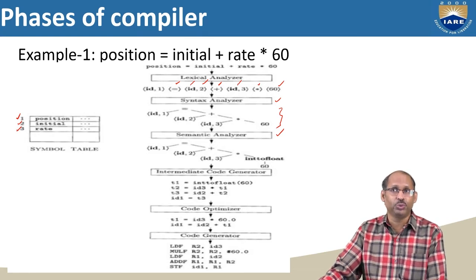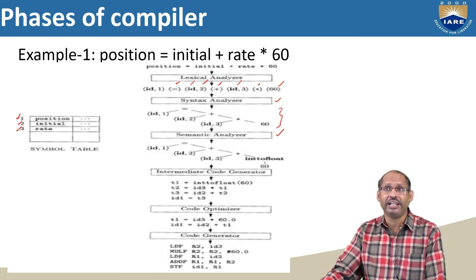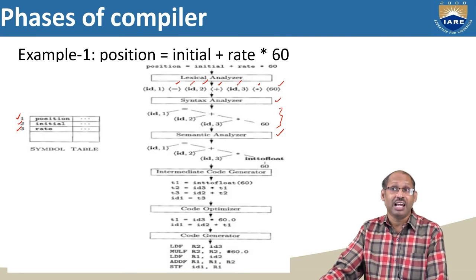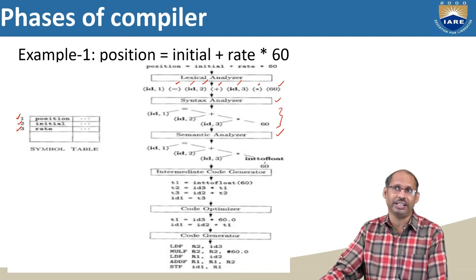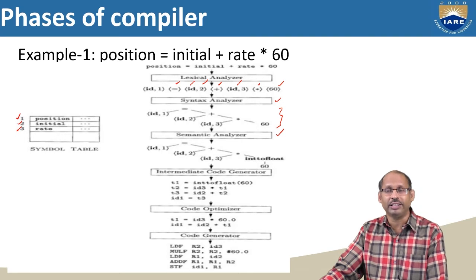If it is unable to, it generates error messages. The error handler handles these errors and converts them to suitable sentences, generated so that the programmer or user can understand.